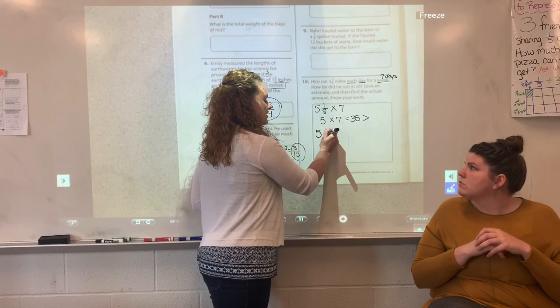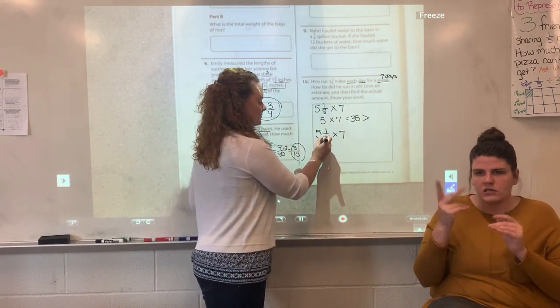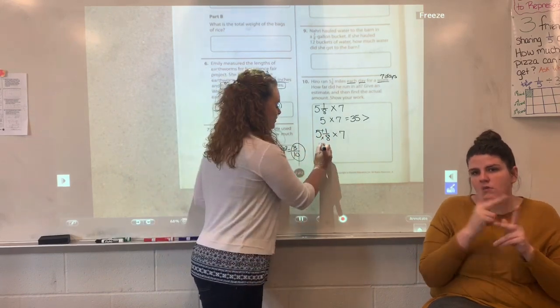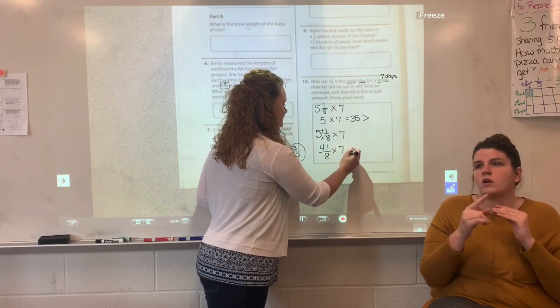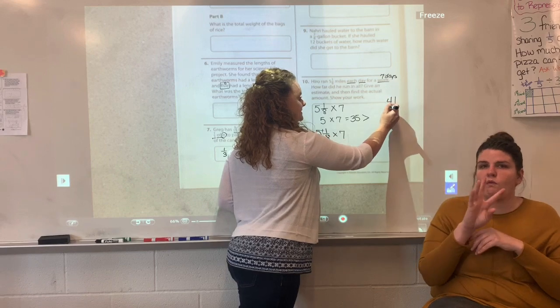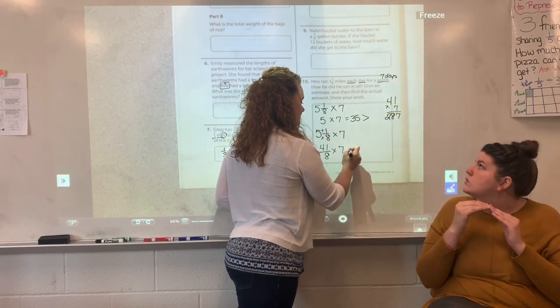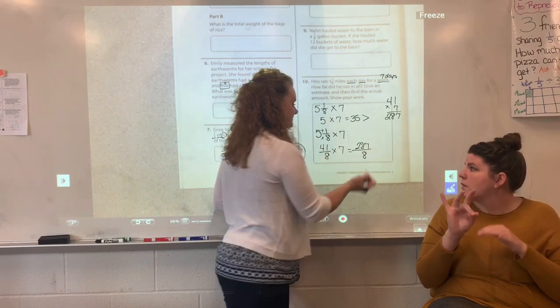So we have 5 1/8 times 7. We go ahead and make this mad by multiplying and adding. 5 times 8 is 40, plus 1 is 41, over 8 times 7, okay? 41 times 7 is 287 divided by 8.